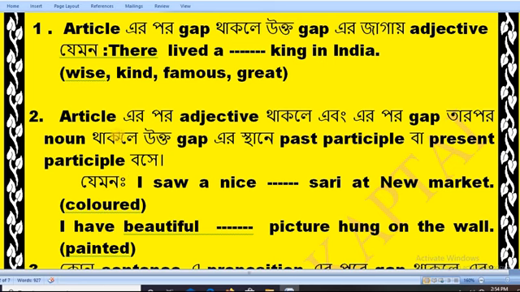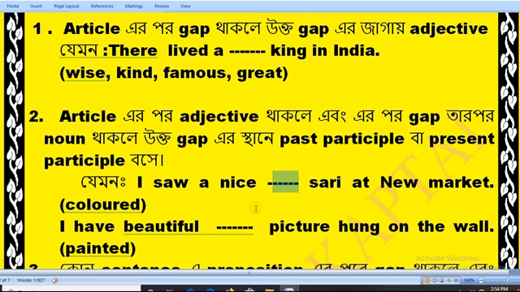Now two. If you see after the article there is an adjective, and then there is a gap, so article plus adjective plus gap, and then a noun, then you have to use here a present participle or past participle. I saw a nice dash sari.